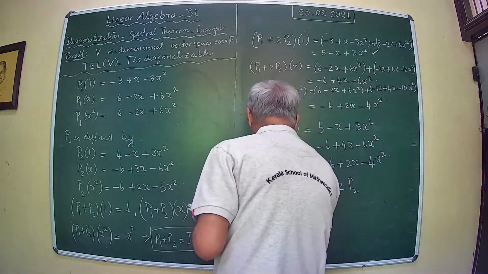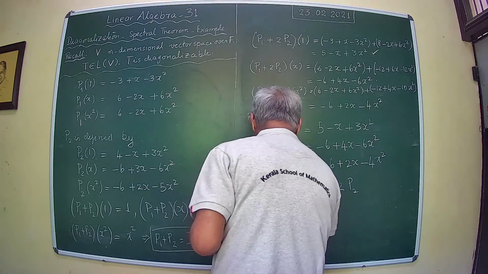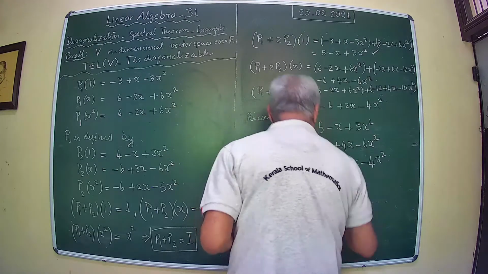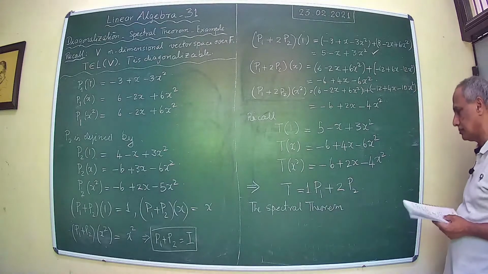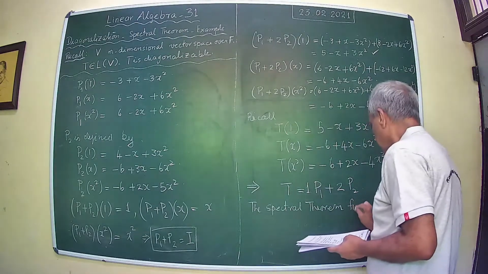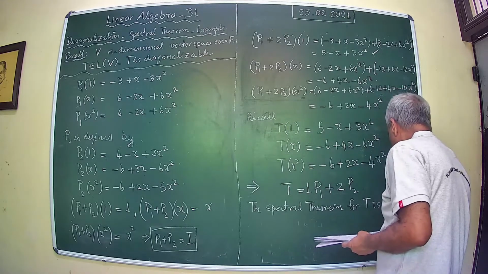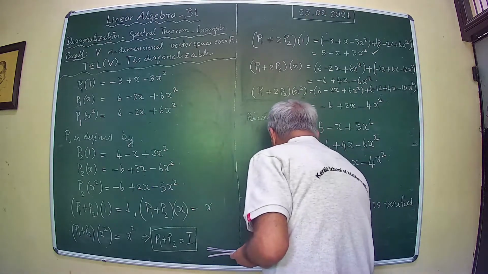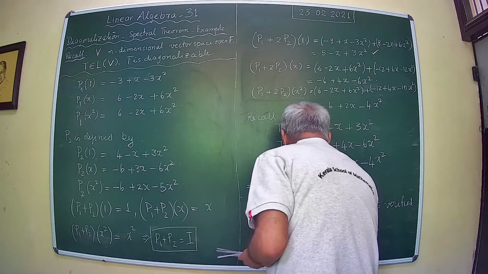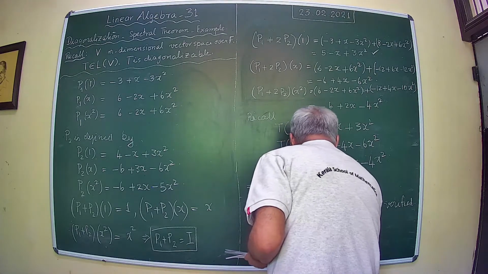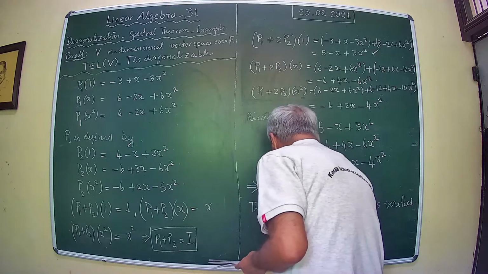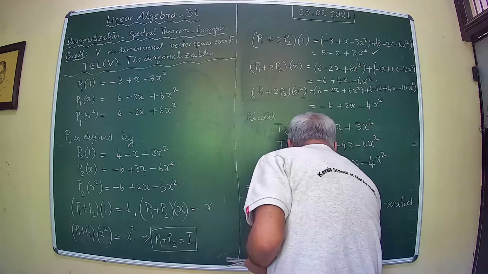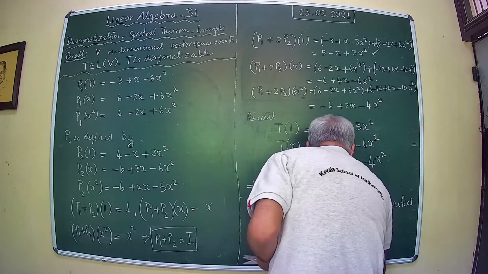Therefore, by the spectral theorem, what you get is I equal to 1 P1 plus P2, and P equal to 1 times P1 plus 2 times P2.